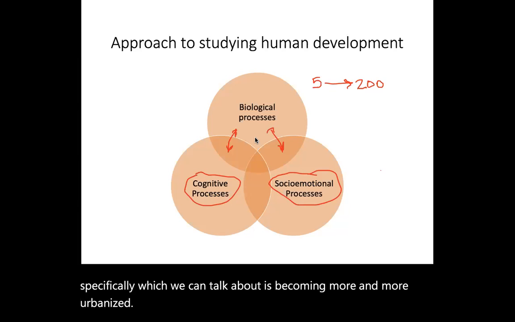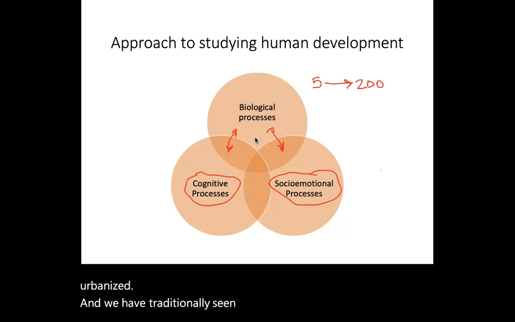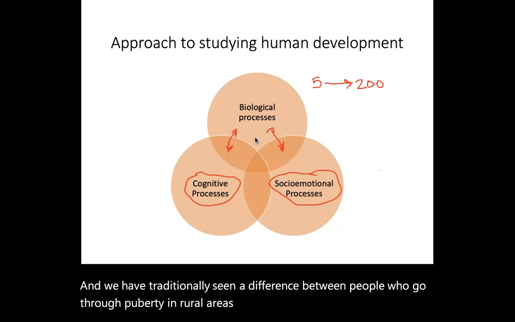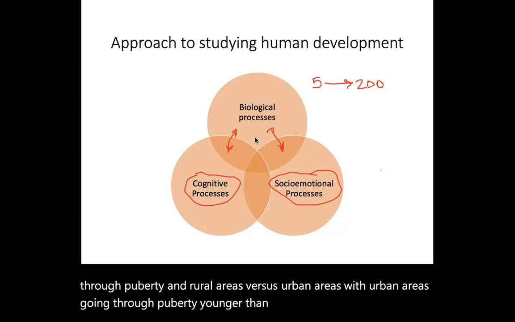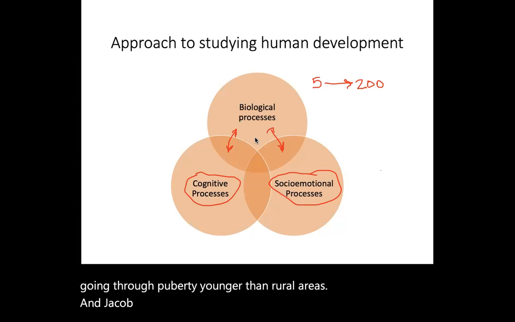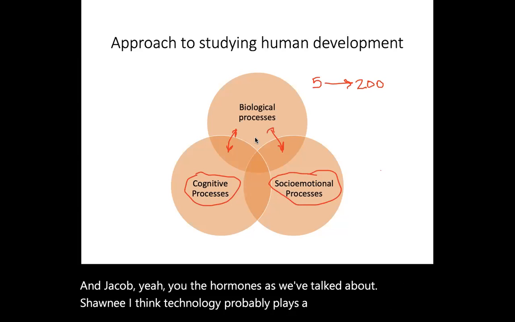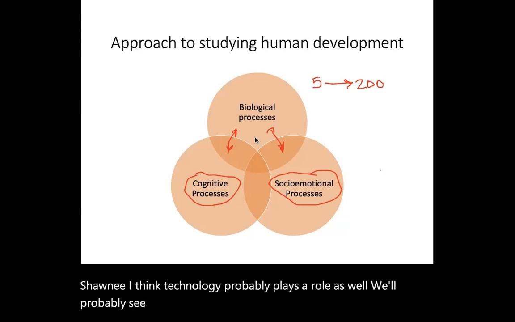And we have traditionally seen a difference between people who go through puberty in rural areas versus urban areas, with urban areas going through puberty younger than rural areas. And Jacob, yeah, the hormones, as we've talked about. Shawnee, I think technology probably plays a role, as we'll see a little bit later in the course.